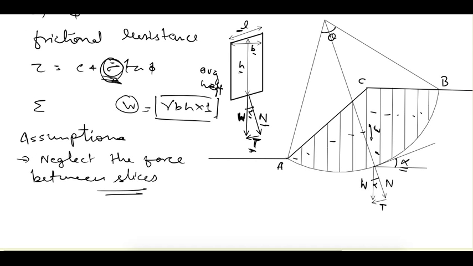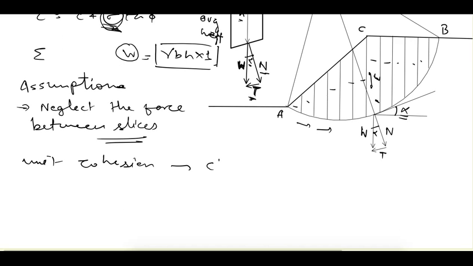Now it has some cohesion also, so let's say the unit cohesion is c dash. For a single strip, the length is L, as I have written here.